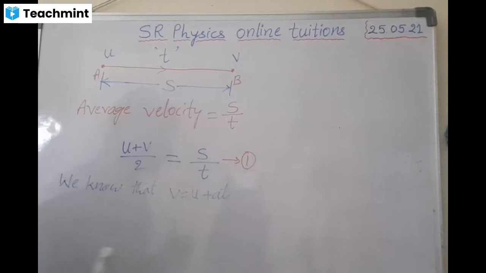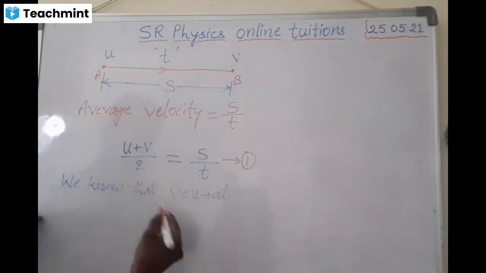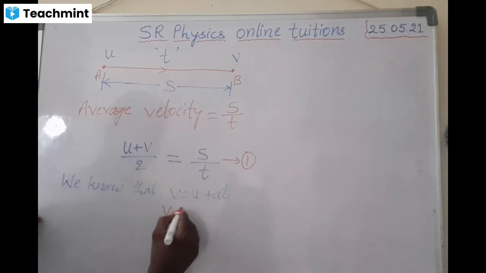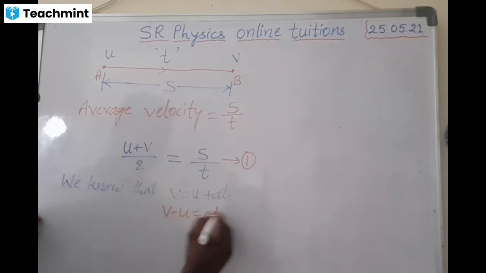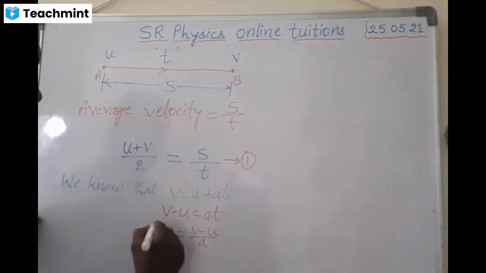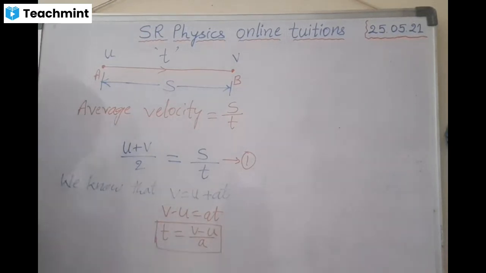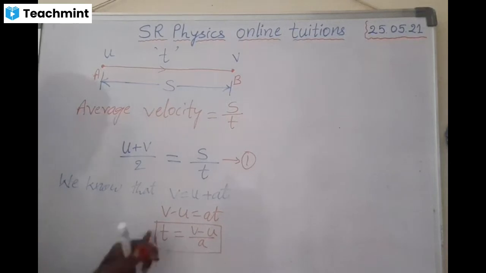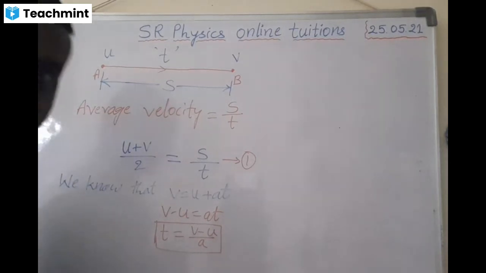From this, can we take it as v minus u is equal to at, and then t is equal to v minus u by a? Can we take the time like this? t is equal to v minus u by a.